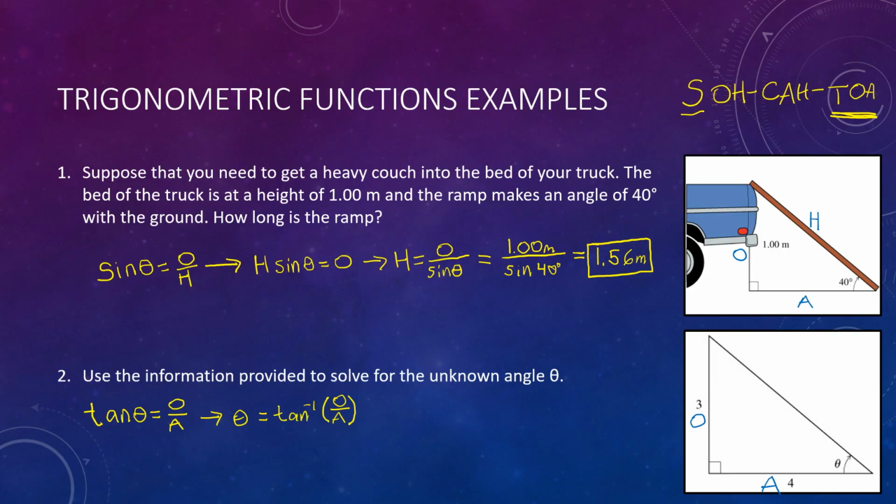At this point, all we have to do is plug and solve. We have tangent minus 1 of the opposite side, which was 3, there's no units here, and the adjacent side, which was 4. You just plug this into your calculator, the inverse tangent of 3 divided by 4, and we should get 36.9 degrees.